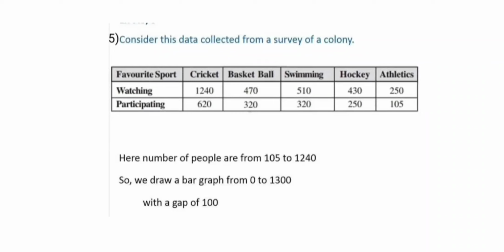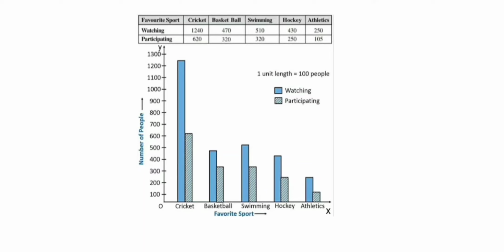Next, consider this data collected from a survey of a colony: favorite sports, cricket, basketball, swimming, hockey and athletics, watching and participating. Some data is there. Here the number of people is from 105 to 1240, so 1 unit length is 100 people.